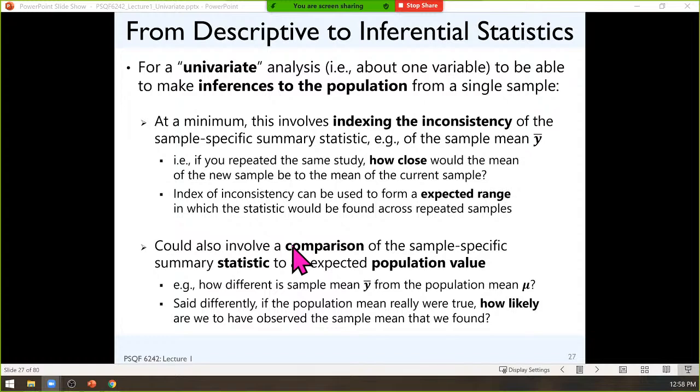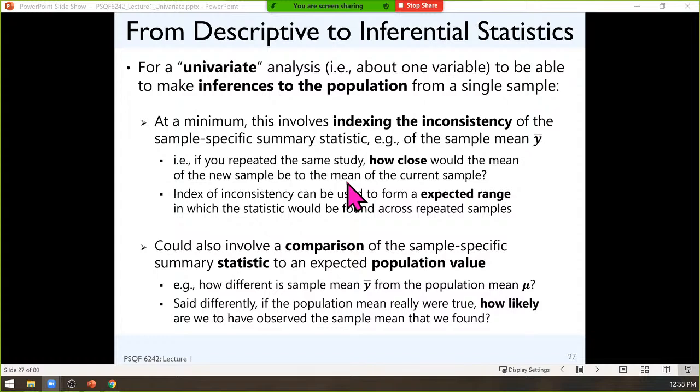But we need a way of quantifying that because uptick voice is not a good way to index measurement precision. So we need to have some kind of numeric estimate as to the expected inconsistency of our mean across samples. How good of an estimate is it? How much would it wiggle around if we redid the study over and over again? That's the word I was looking for, wiggle.